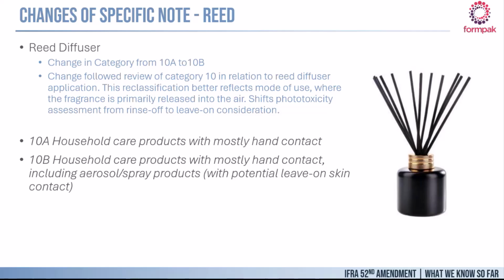That was what it was up to now, and it's now 10B, which is household care products with mostly hand contact, but including aerosol spray products with potential leave-on skin contact. And that potential leave-on skin contact shifts it from a phototoxicity perspective into a leave-on consideration.